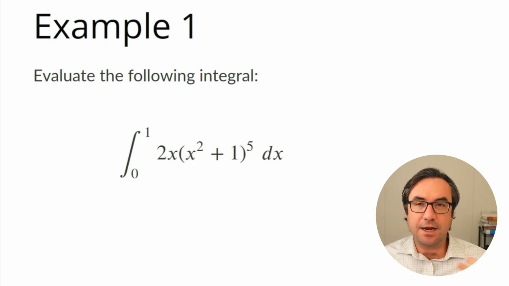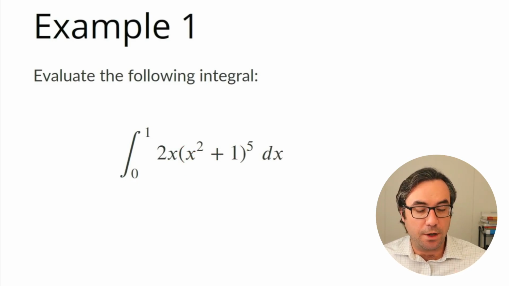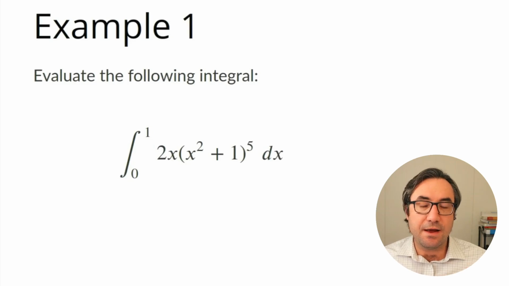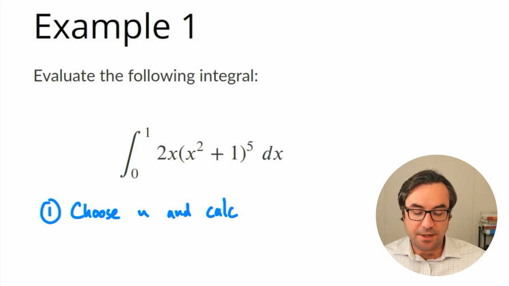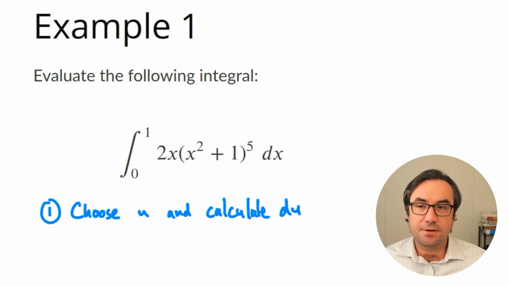So we're going to approach this just like we would if we're doing an indefinite integral. So the first step is to choose u and calculate du, just like we did before.